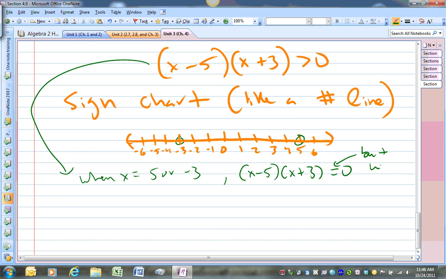But we want greater than 0. So here's what we do. You test values.